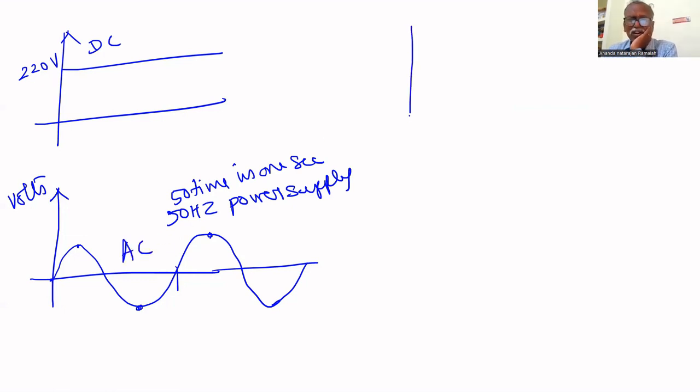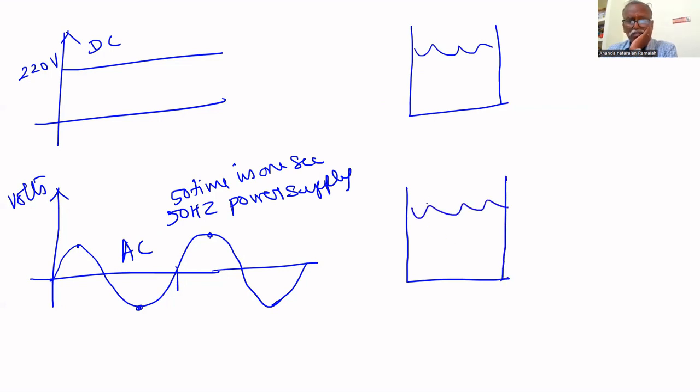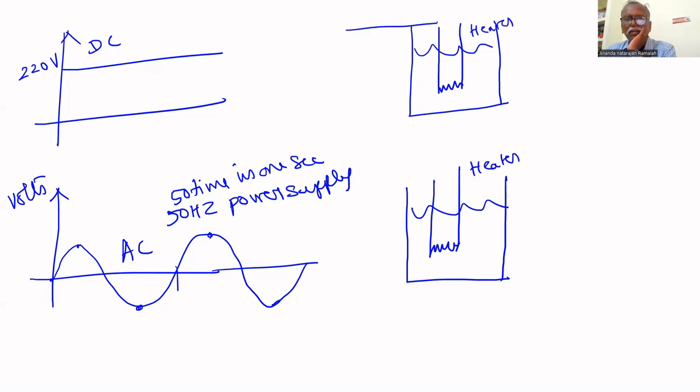Suppose I'm having two water baths. In each water bath, I'm using an immersion heater. Here I'm giving 220 volt DC.